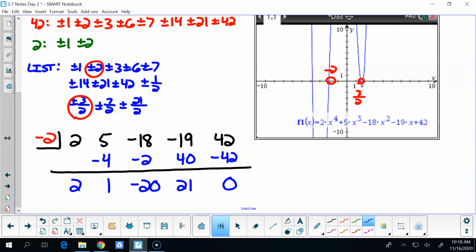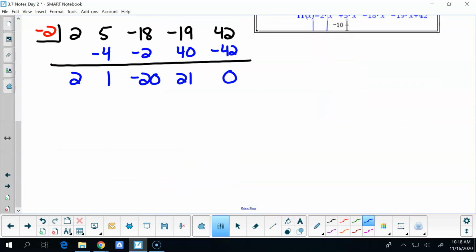Okay? Then, right from that, I'm also going to do 3/2 right on that same one, or on that new result. 2. 3/2 times 2 is 3.